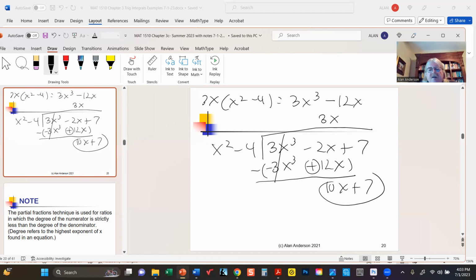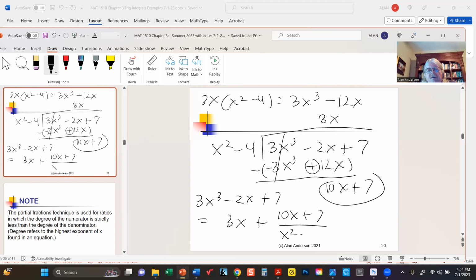So what I've just demonstrated is that 3x cubed minus 2x plus 7 is the same thing as 3x plus 10x plus 7 over x squared minus 4.